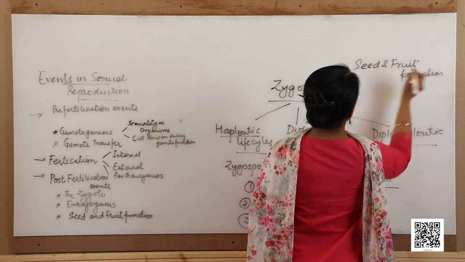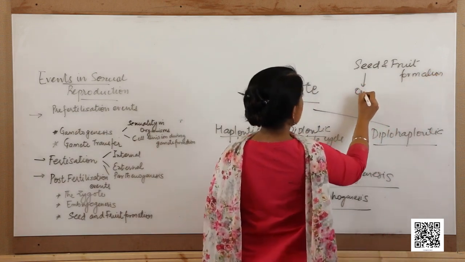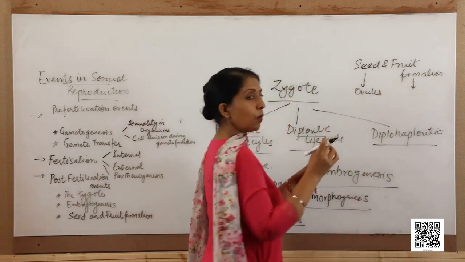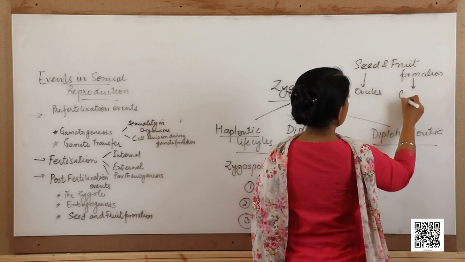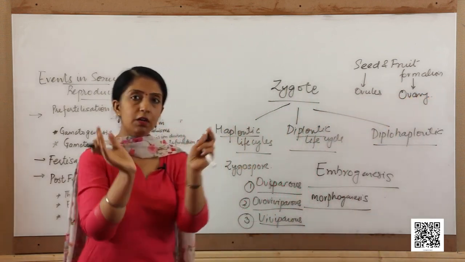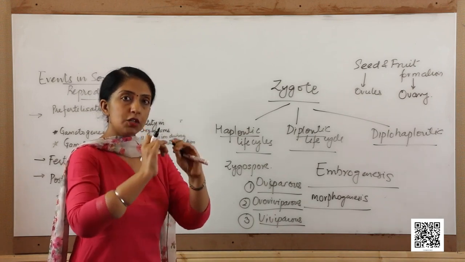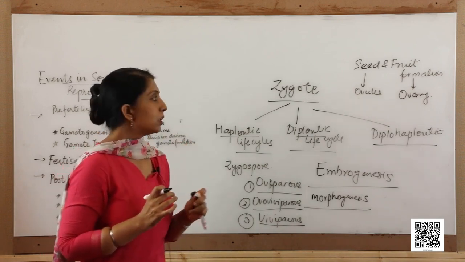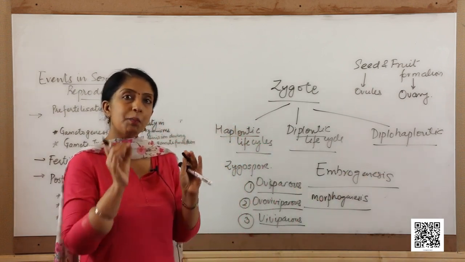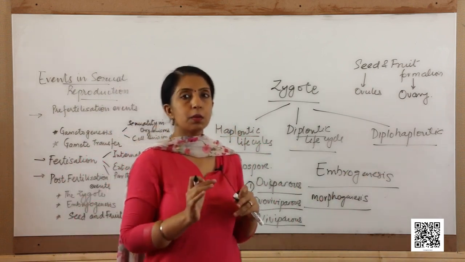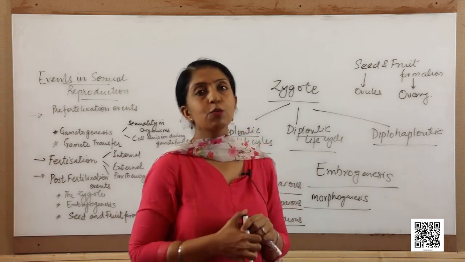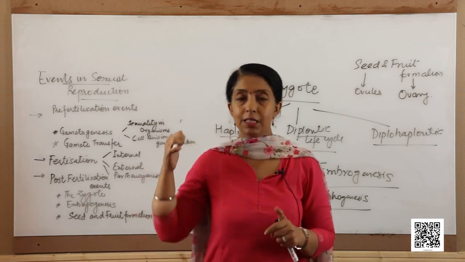We have seen that the seeds are formed from the ovules, and the fruit is formed from the ovary, which disintegrates to form the pericarp, which is the cover, and the seeds are lodged in it. Now, depending upon the type of ovary, the fruits are of different types. The seeds are present inside the fruit in different arrangements, and that will be dealt with in detail in the next chapter.